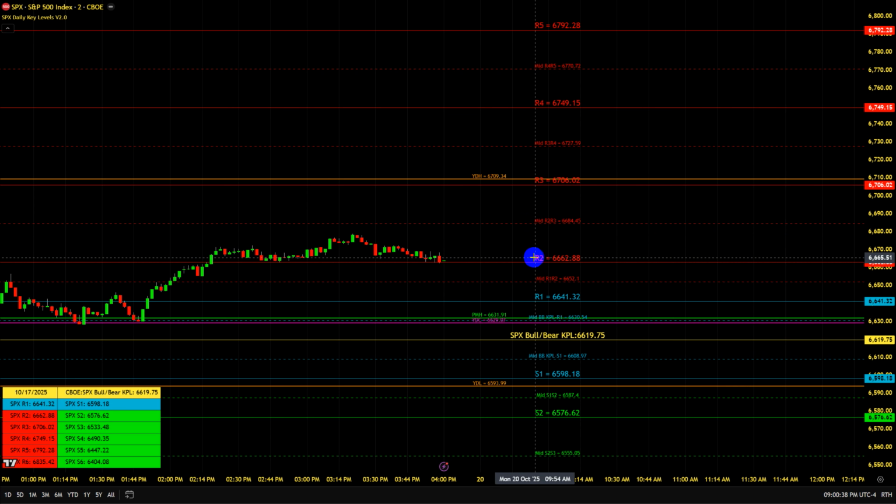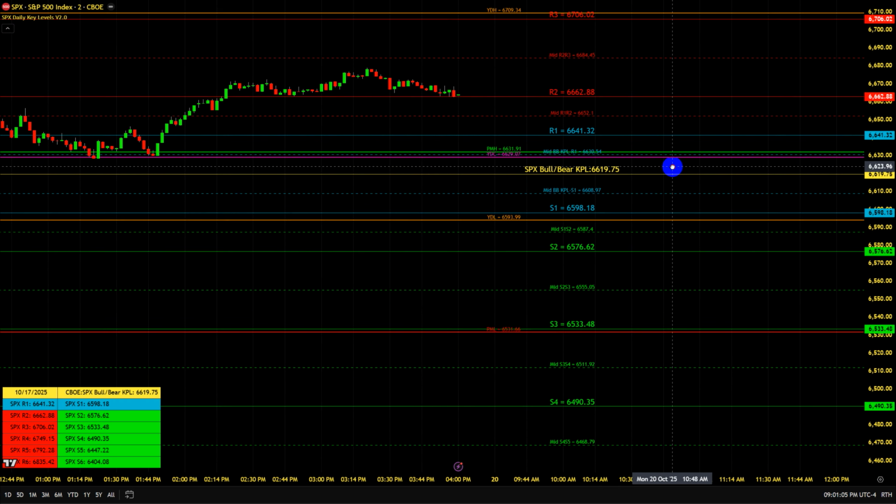Then the closest strike to one level down is 66.65. On a bearish play, the furthest you're looking down for an out of the money strike is one full level down. On a bullish play, the furthest out of the money strike that you can consider is one full level up. And that works the same on every level.